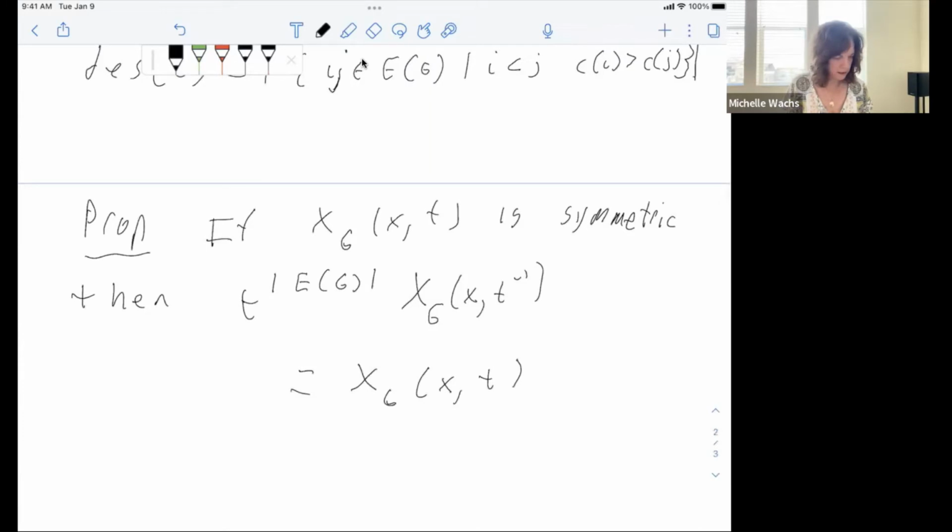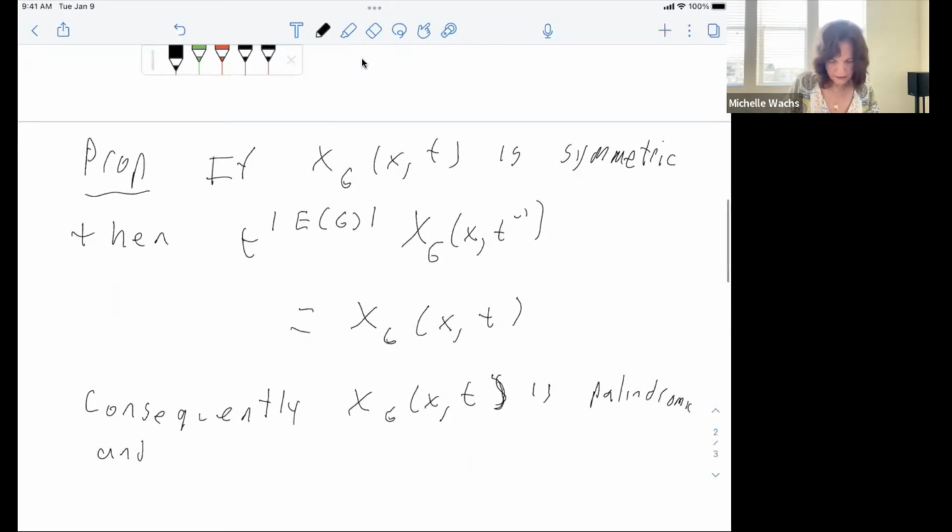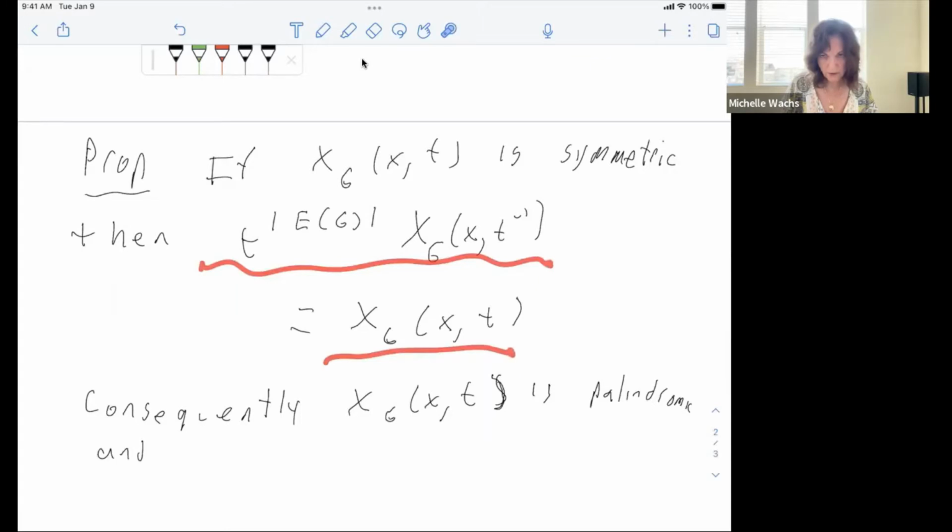So this implies X_G(x,t) is palindromic, because here we're just reversing the coefficients. This expression is using the des, and this one we're using asc.